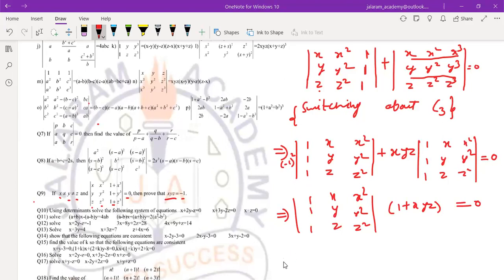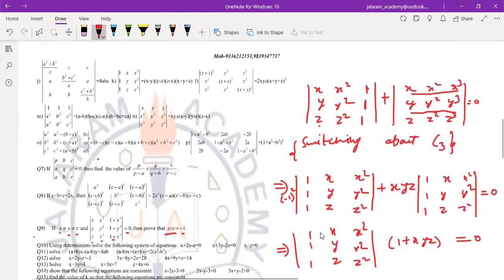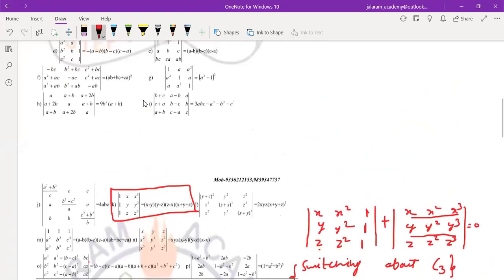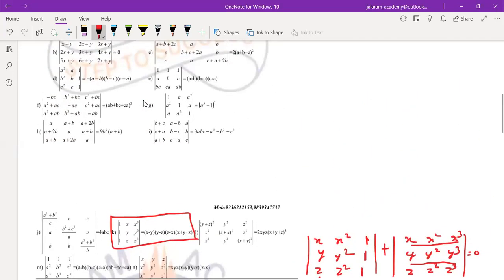Now, first, if we expand the first determinant, we have already discussed this expansion in question number K above. Look at this, it is same. Now, it has x cube, so one more factor is there when there is x square.